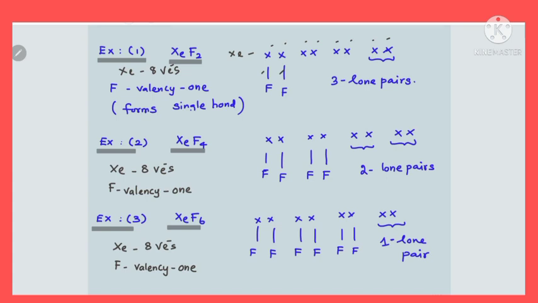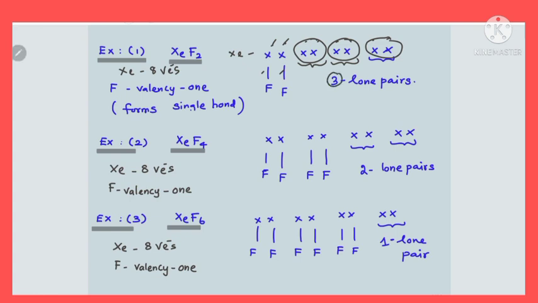In this molecule formation, xenon is using 2 electrons to make bonds with the fluorine atoms, so there are remaining 6 electrons which are not used in bonding. These 6 electrons are nothing but lone pairs. The pair of electrons not used in bonding is nothing but a lone pair. So 3 pairs of electrons in this molecule are not used in bonding. So this molecule has 3 lone pairs of electrons.